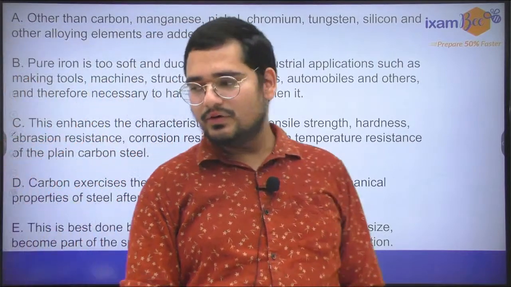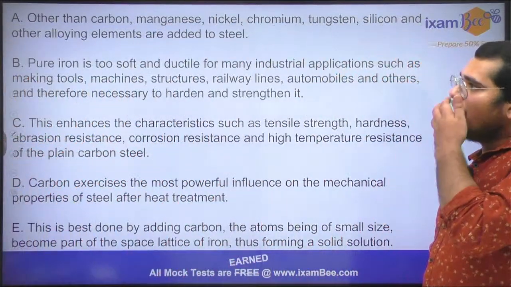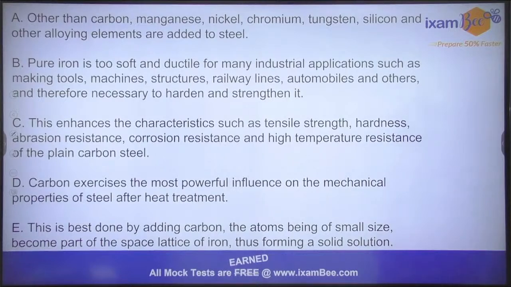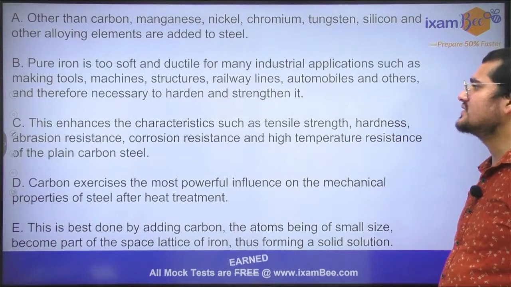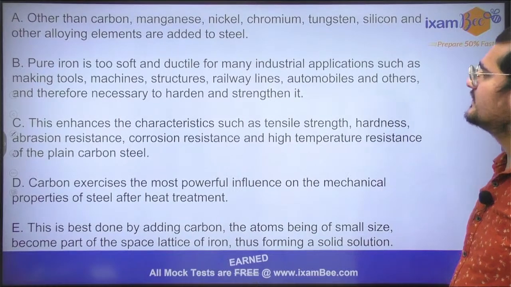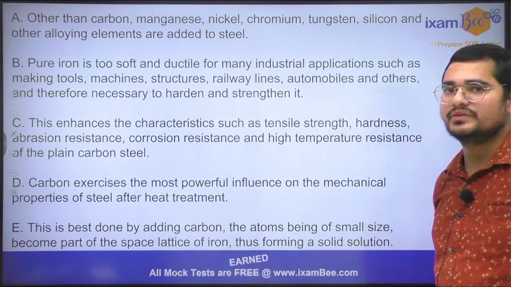Okay, so now we go to this question. Other than carbon, manganese, nickel, chromium, tungsten, silicon, and other alloying elements are added to steel. Second, pure iron is too soft and ductile for many industrial applications such as making tools, machines, structure, railway lines, automobiles, and others, and therefore necessary to harden and strengthen it.